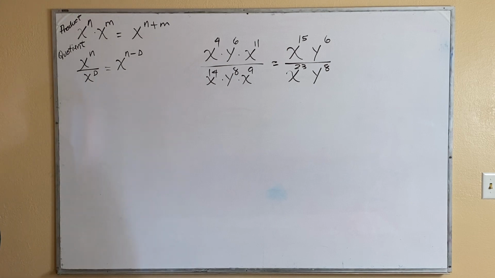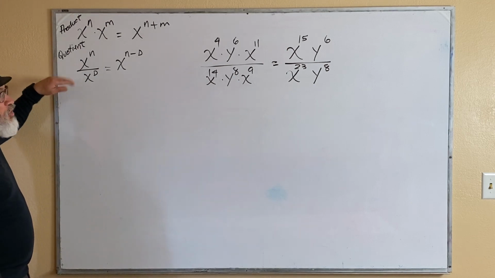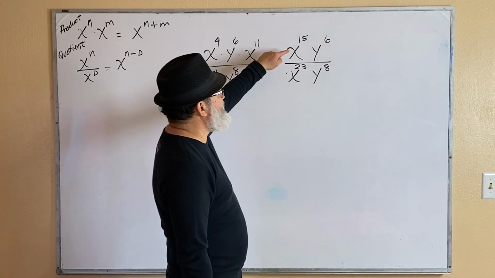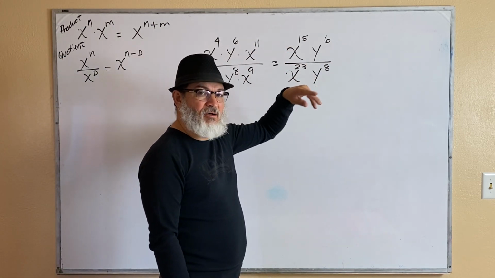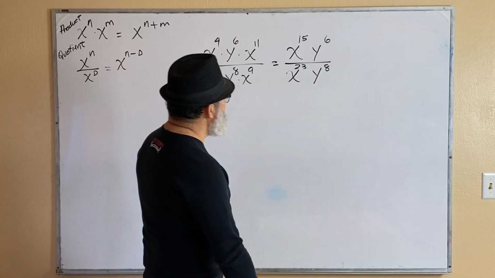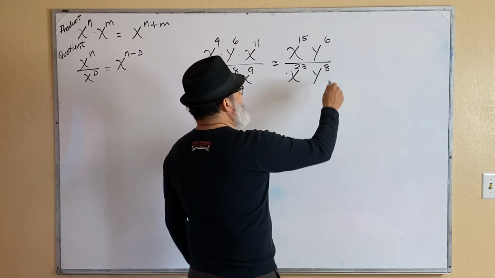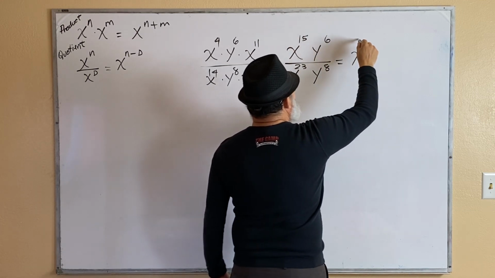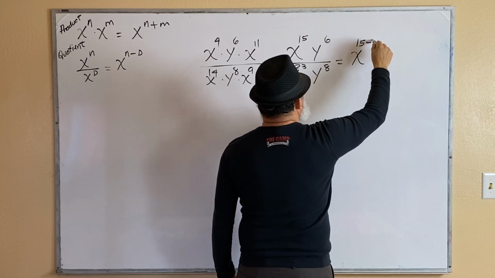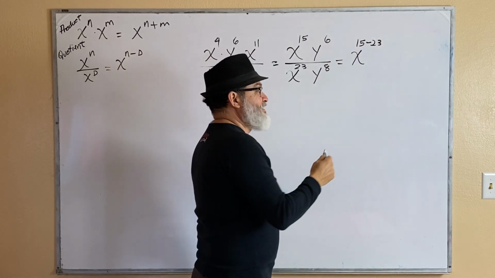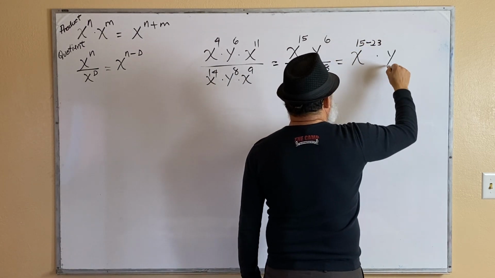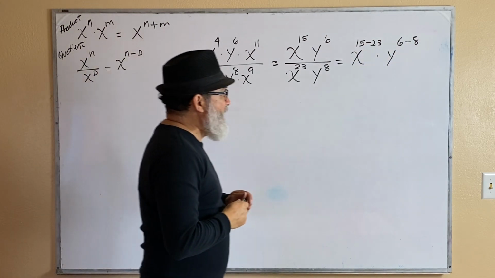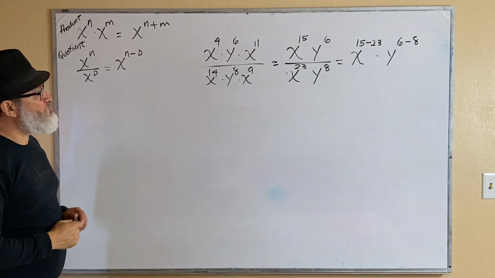Now that I have this, I'm going to apply the quotient rule. I can only apply the quotient rule when we have division with the same base. So this equals x to the 15 minus 23 times y to the 6 minus 8. I am applying the quotient rule.